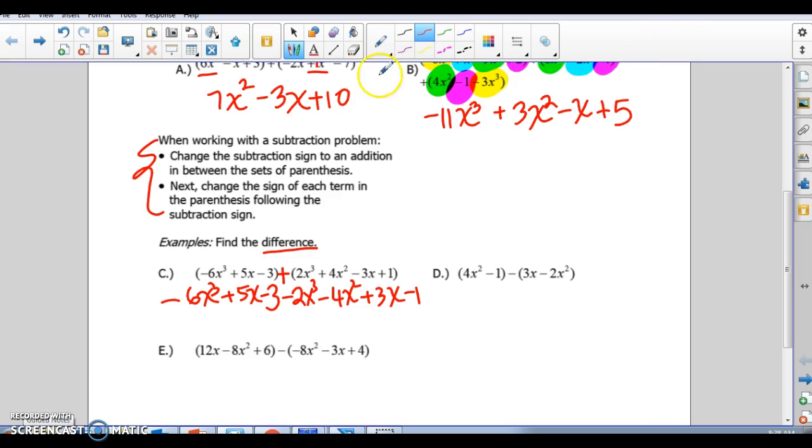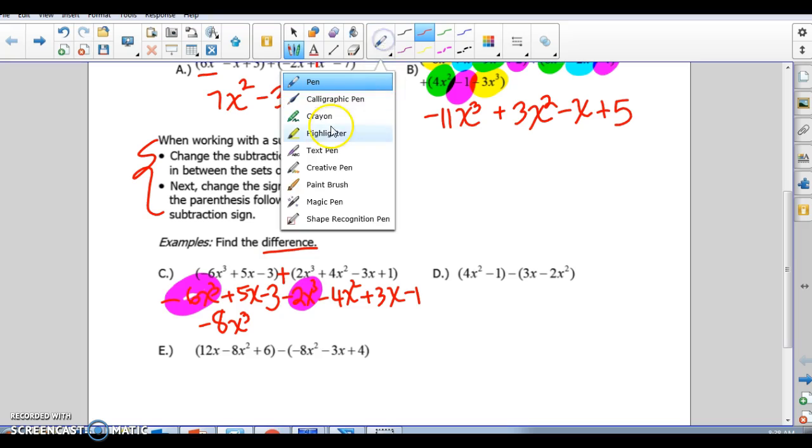Okay, I always like to start with the highest exponent, so I'm going to start with cube. So negative 6x cubed minus 2x cubed. When you combine like terms, we don't do anything with exponents. We just add the coefficients, which is negative 8x to the third power. We don't do anything with exponents when you combine like terms, correct?